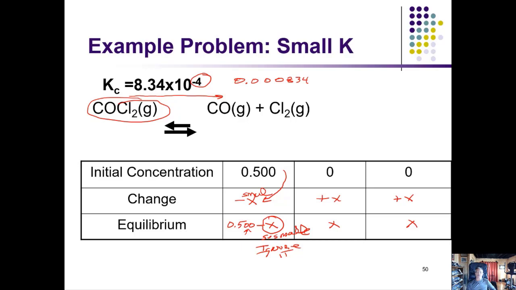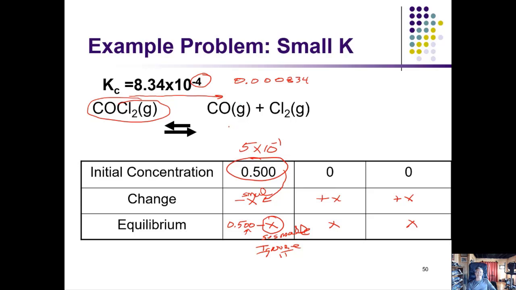Well, a good rule of thumb is to look at the concentration of your reactant. It's 5 times 10 to the minus 1, and this is 10 to the minus 4.